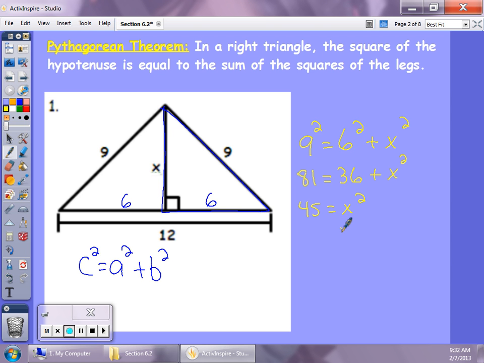Now we don't want x squared, we want to get x by itself, so we are going to take the square root of both sides of the equation, which leaves us with root 45 is equal to x. Since 45 has a factor that contains a perfect square, we're going to simplify. So we know that 45 is the same as 9 times 5. So if we take root 9 times root 5 and simplify that, we're going to be left with the value of x at 3 root 5.